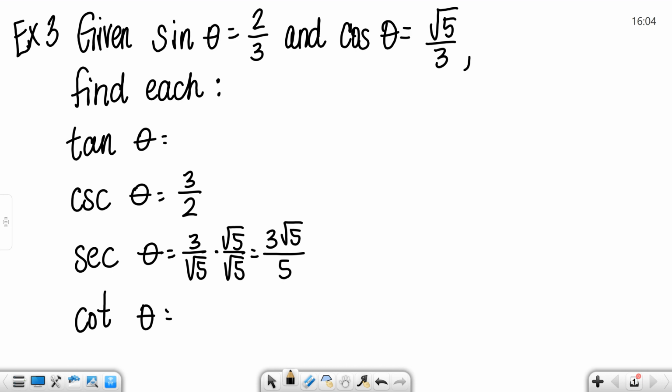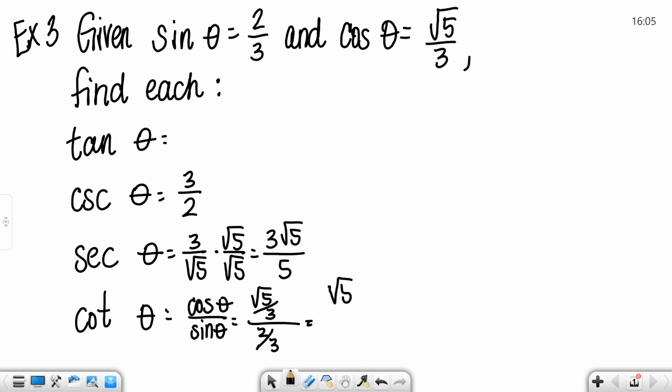Now, cotangent. Remember, I wrote for you that cotangent I could write as cosine over sine. That was one of the last ones I wrote for you. Excuse me. Let me write it in words just so we can see it happen. I know that the cosine is the square root of 5 over 3, and I know that the sine is 2/3. A fraction in a fraction is not simplified.